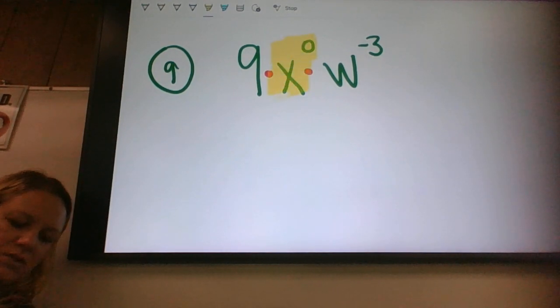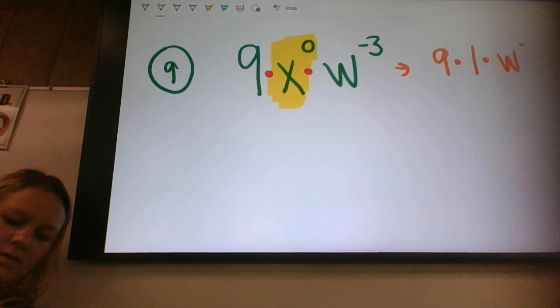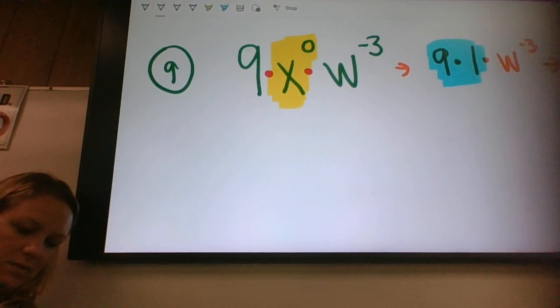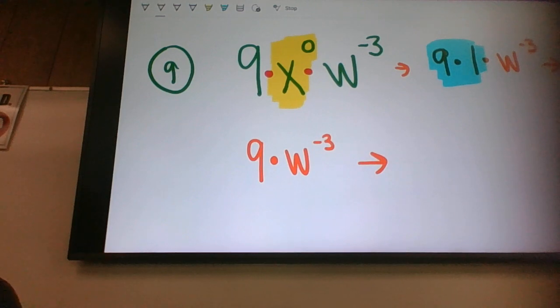I would just turn this into a 1 first. Oh, and then you add them numbers. No, I'm going to do 9 times 1. And there's another move, but I'm going to leave it a mystery.